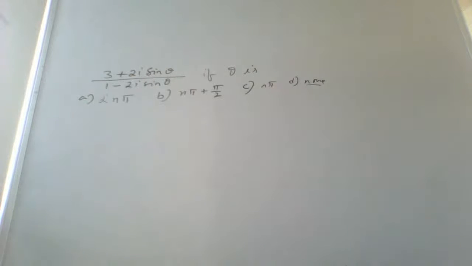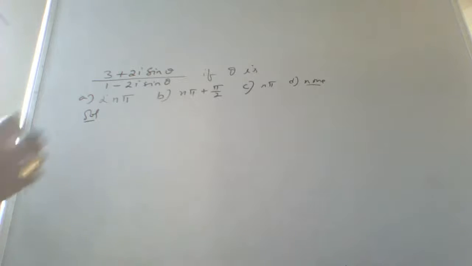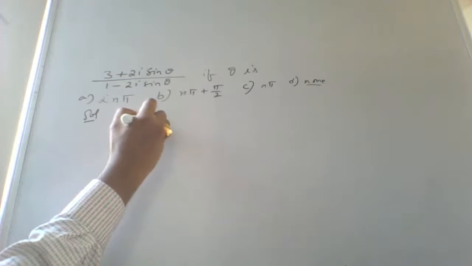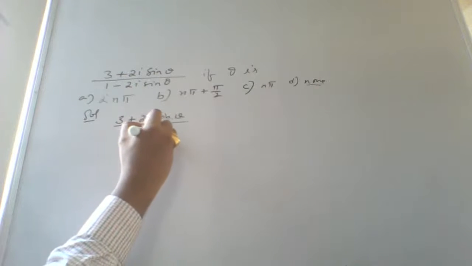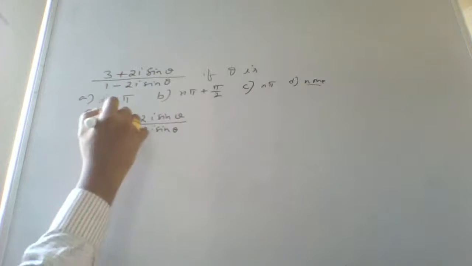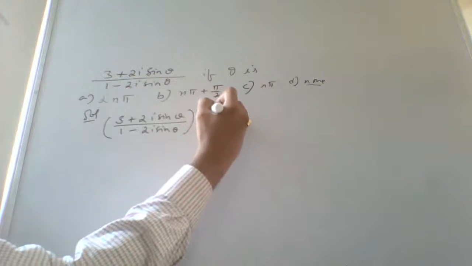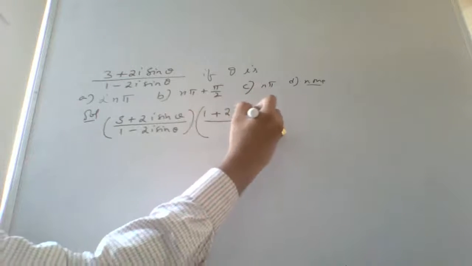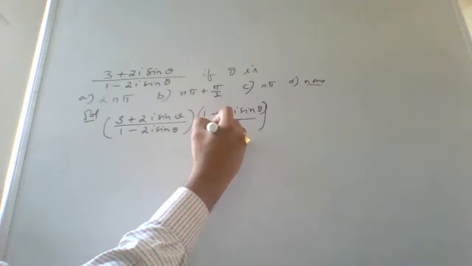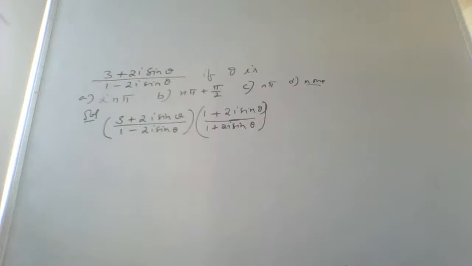Let us try to solve this here. Let us consider the given expression, (3 plus 2i sine theta) divided by (1 minus 2i sine theta). Now multiply and divide by 1 plus 2i sine theta.